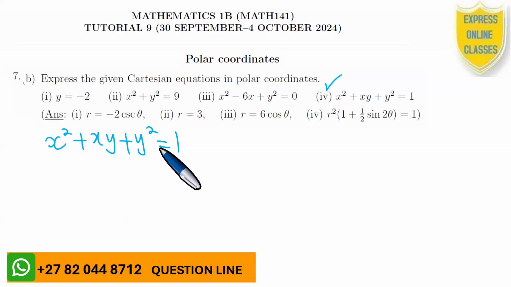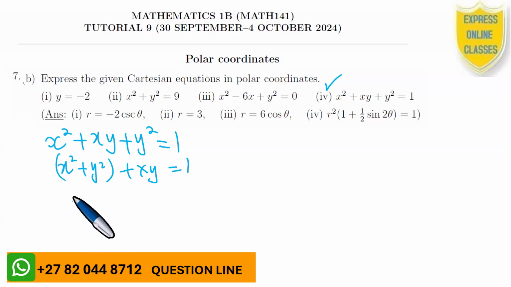So now we have x squared plus y squared, which we already know, so we put these together. We have xy, we put them together. We know that r squared is x squared plus y squared.